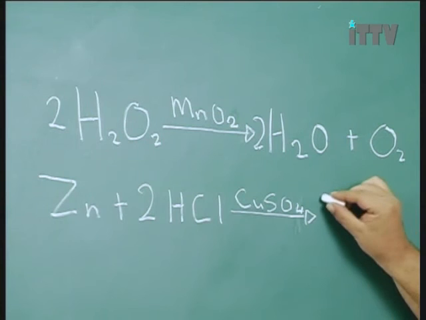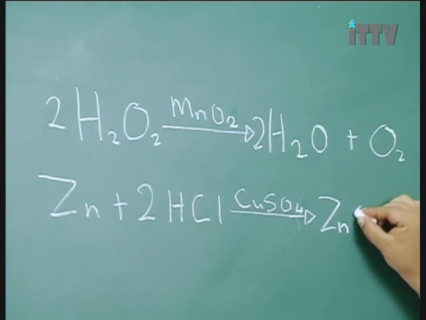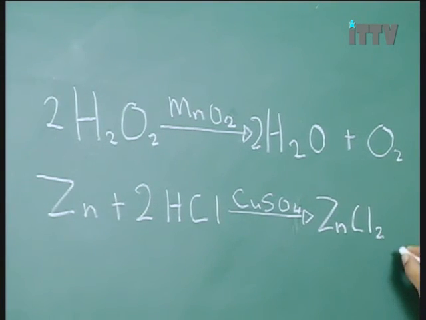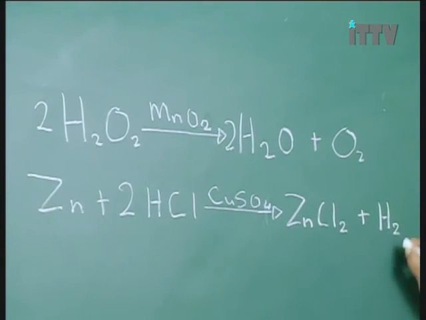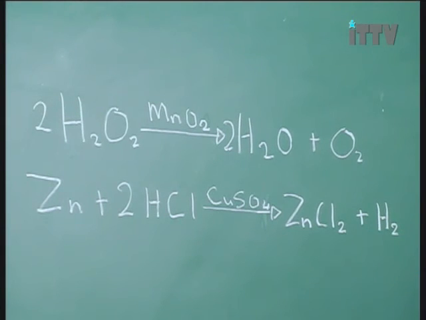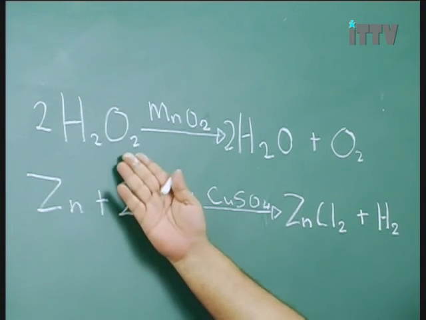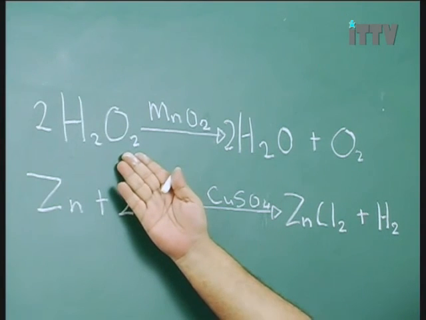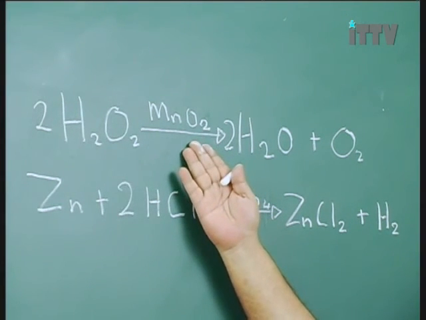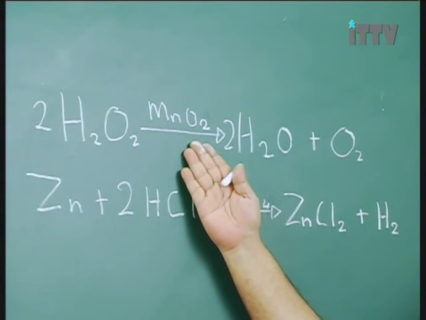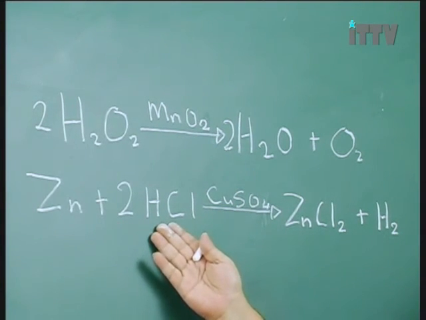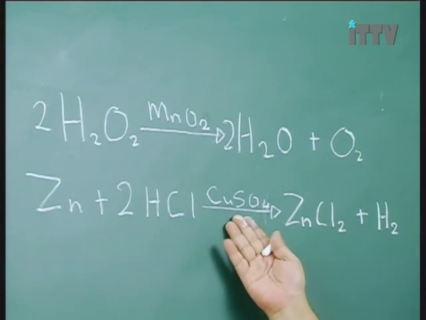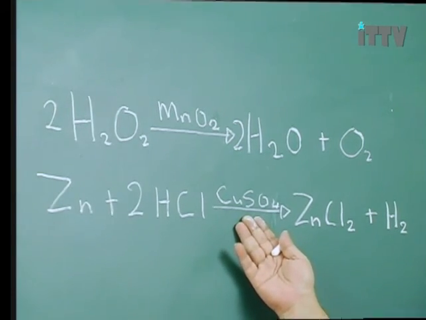Your product will be zinc chloride plus hydrogen gas. So remember the two reactions you need to keep your eyes open for. The decomposition of hydrogen peroxide using manganese 4 oxide as the catalyst, and when zinc reacts with hydrochloric acid, where we use copper sulfate as the catalyst.